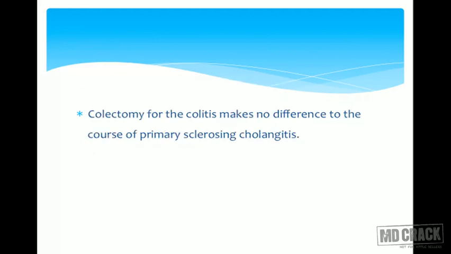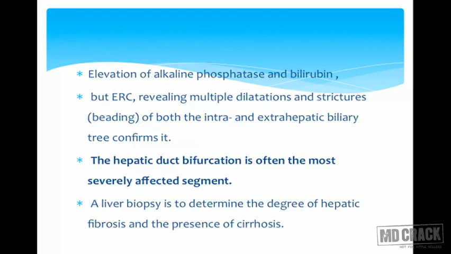So friends, when a patient has ulcerative colitis, if you perform colectomy, it makes no difference to the progression of primary sclerosing cholangitis. So however much colectomy you do, how early you intervene, it has no consequence on the progression of cholangitis. In the laboratory measurements, elevation of alkaline phosphatase and bilirubin are seen most commonly.